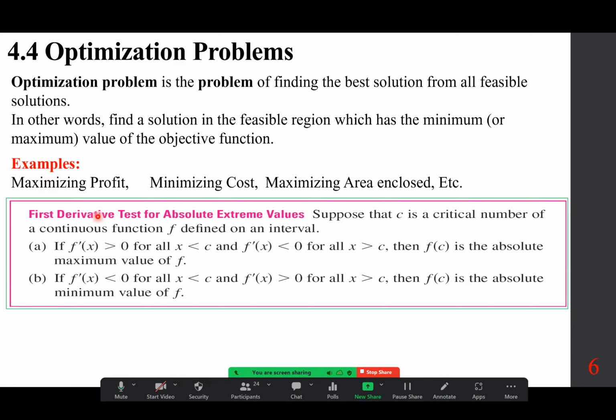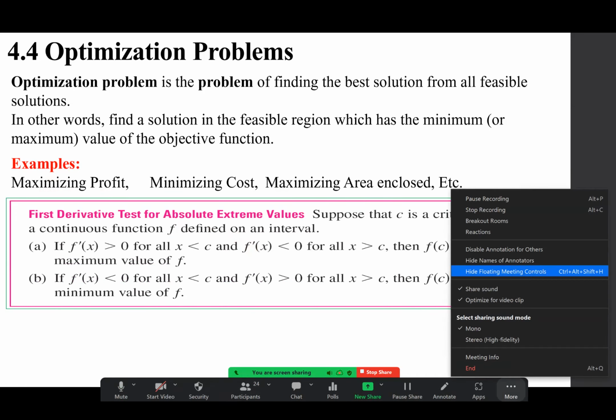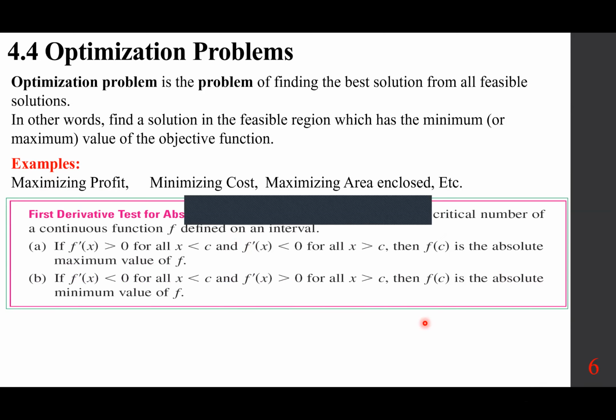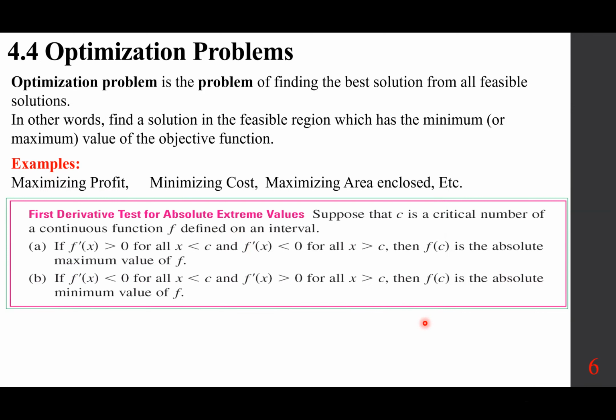This is known as the first derivative test for absolute extreme values. And what it says is basically when we go through the first derivative test or even a second derivative test, if we happen to have one critical point, it is not only a local extremum, it is also an absolute one.